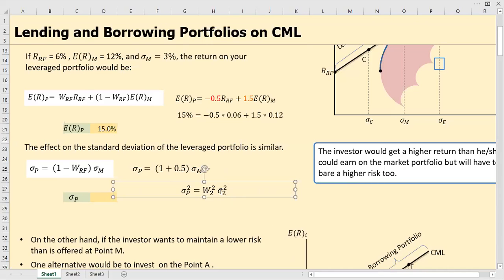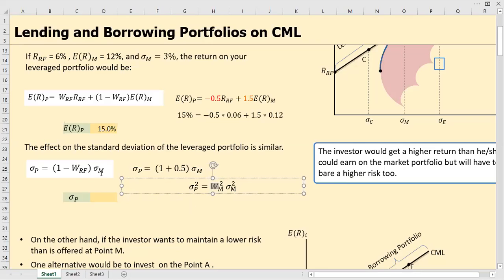Right? So here, if you can identify, the second portfolio is the market portfolio: the weight of the market portfolio multiplied by the standard deviation power 2 of the market portfolio, that means the variance of the market portfolio. So this particular formula is given here. The only difference I have made is that instead of this weight, I used 1 minus the weight of the risk-free rate. I think you can understand that.